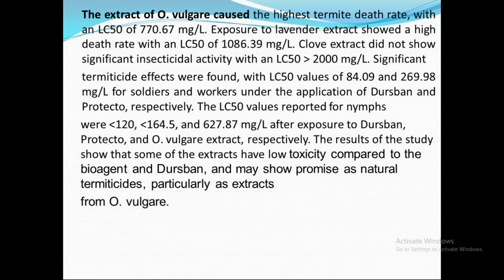The values of this effect reported for the termites were less than 120 and 627 milligrams per liter after exposure to Rosban, Protecto and vulgare extract. The result of the study shows that some extracts have a low toxicity compared to Rosban and Protecto.